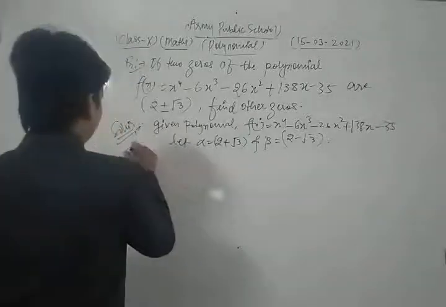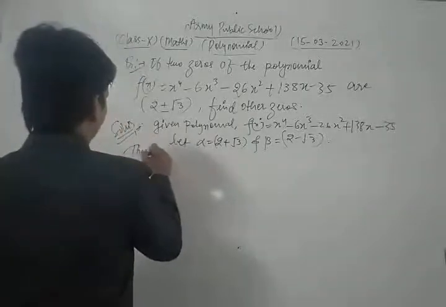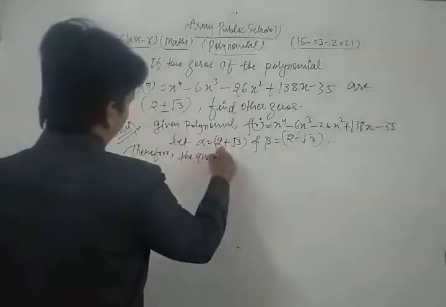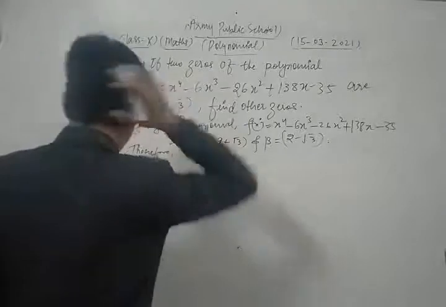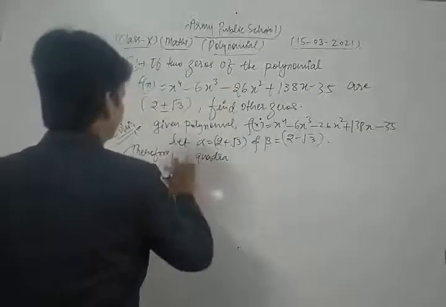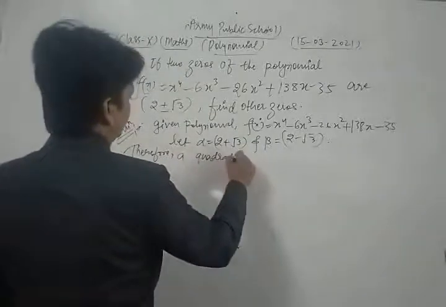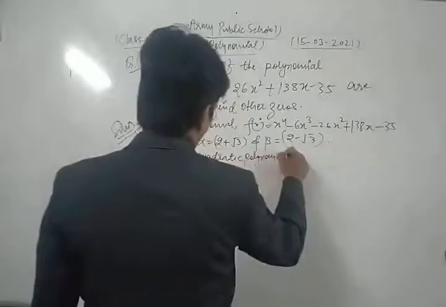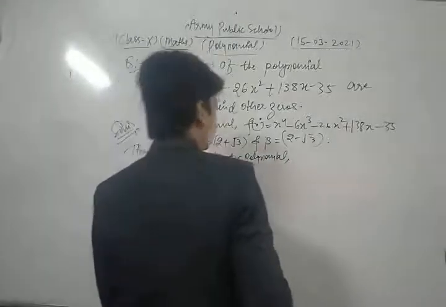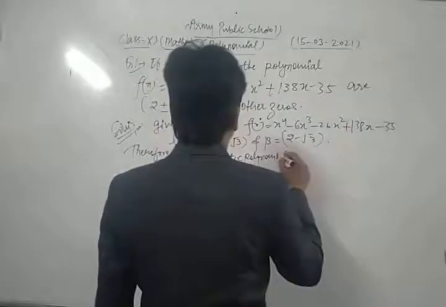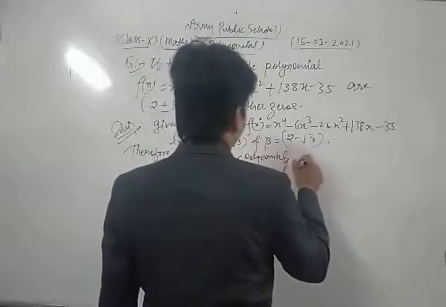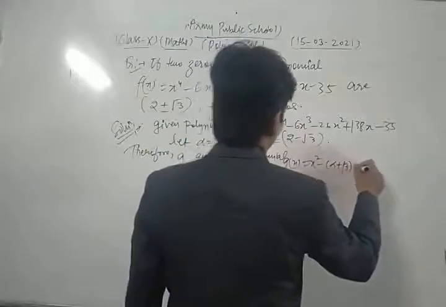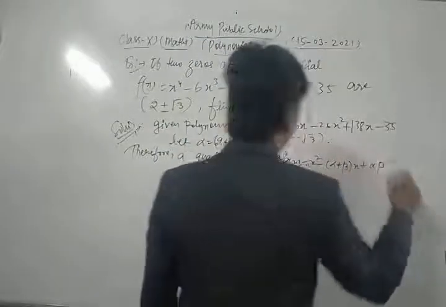Therefore, the quadratic polynomial, suppose g(x), is x square minus sum of zeros into x plus product of zeros.